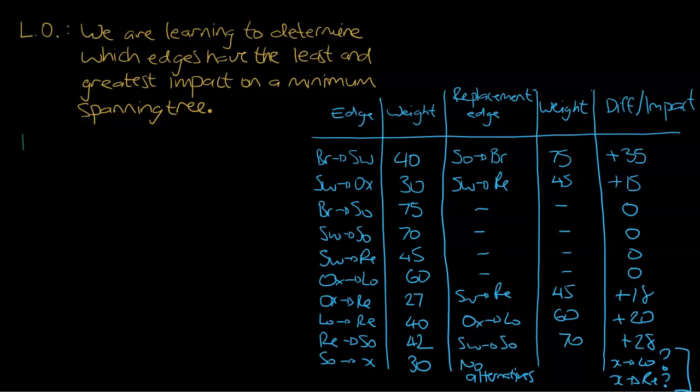So if Brighton to Swindon, I'm just going to use some abbreviations here, was not possible to construct, it would have the greatest impact of plus 35.